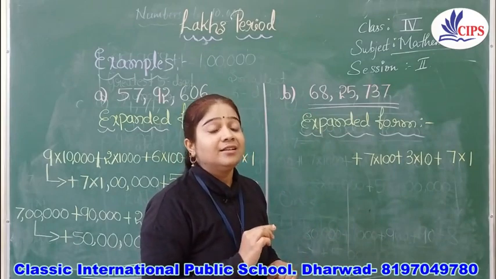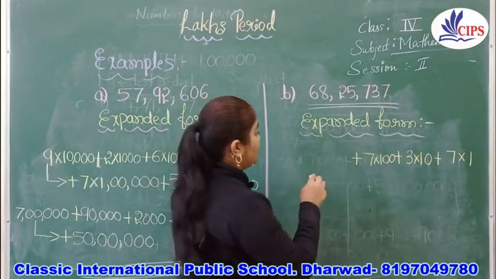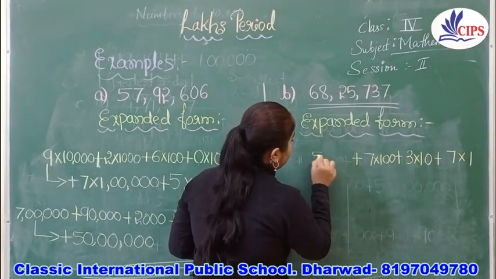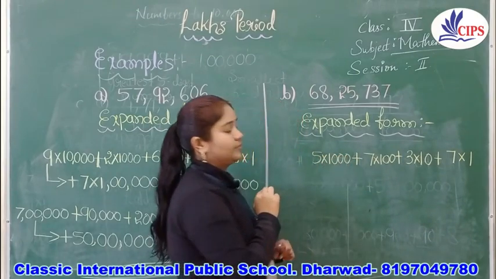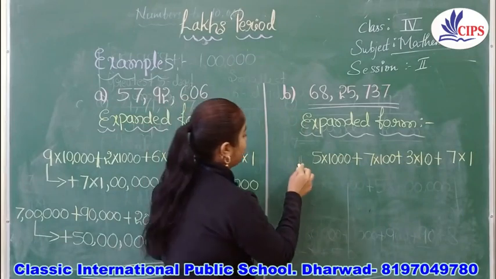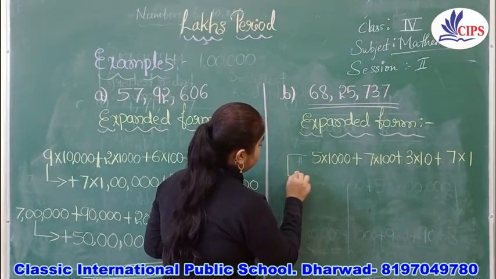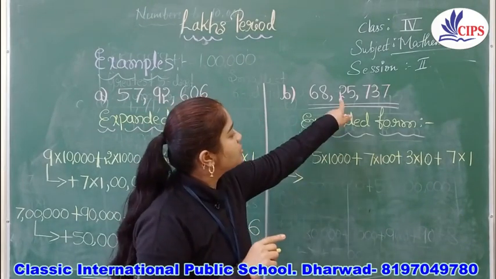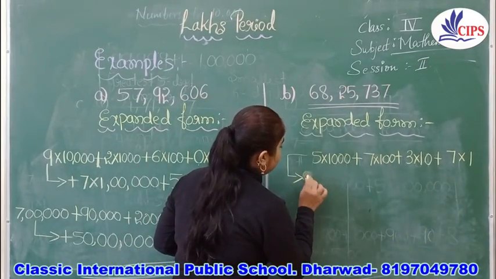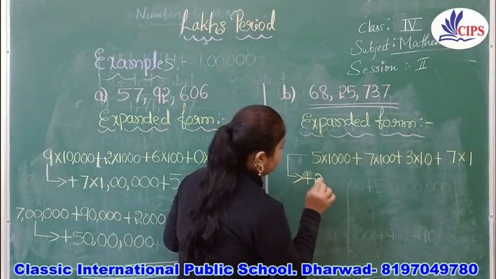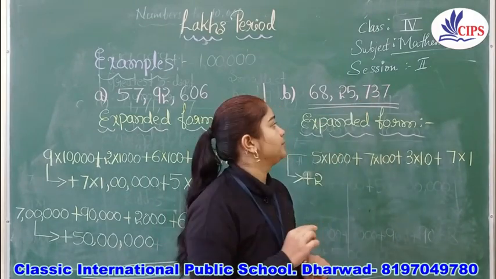Next, plus 5. 5 is in the 1000, right? So we'll write 5 into 1000. Okay. Next, we'll write down 2. What do I have to write? This is plus 2 into.